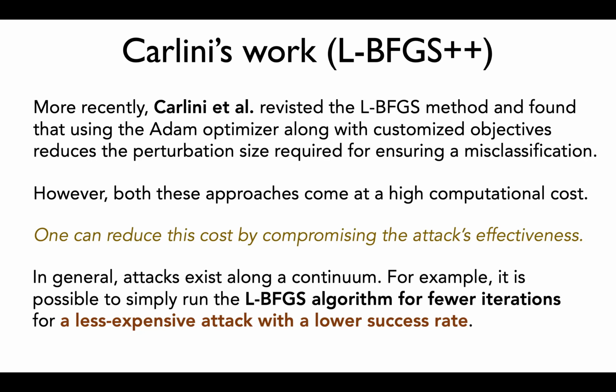They were also iterative methods, so they would keep going until they produced the answer. One can reduce this cost by compromising the attack's effectiveness. When we see the FGSM method, it is not an iterative method, it is just a one-step method, which is typically effective, but its main selling point is that it is very fast and very simple.